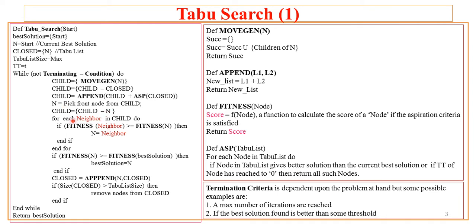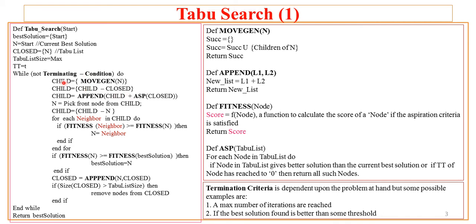Now for each neighbor in the child, check the fitness of the neighbor compared to the node n. Here the value of n is updated, because we started n with the start node, which was considered to be the current best solution.